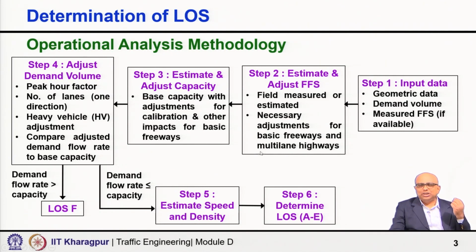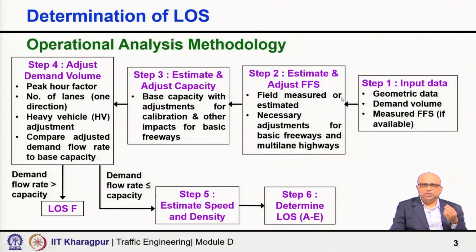Several adjustments may be necessary separately for freeway segments and multi-lane highway segments. So, these 2 steps, first step 2A, estimation of FFS, and step 2B, further adjustment of FFS based on local conditions, that much we discussed.